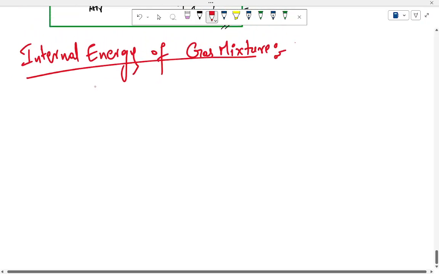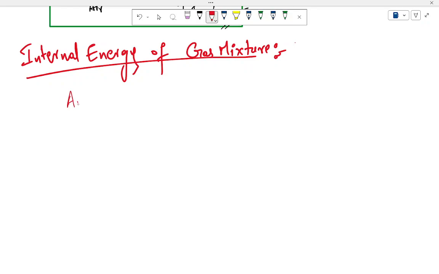For understanding this internal energy of a gas mixture, we will be looking at Dalton's law in an analogous manner.